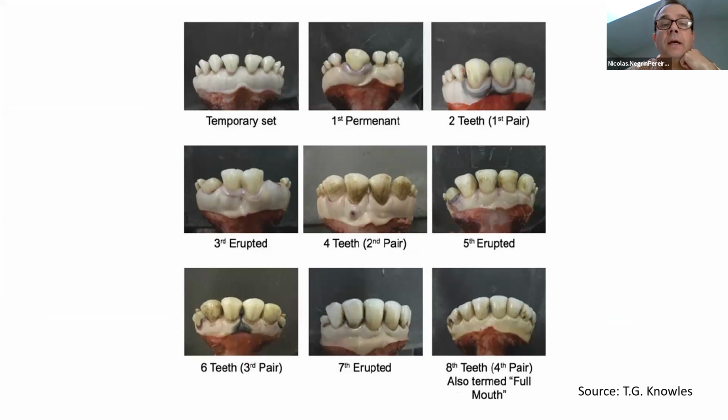You can see how we go from the temporary set, also called milk teeth or milk dentition, and we move, as the animal ages, from the first pair of permanent teeth, 2 teeth, then 4 teeth, 6 teeth, and 8 teeth, what we call a full mouth animal, and that's how we normally determine the age of cattle.